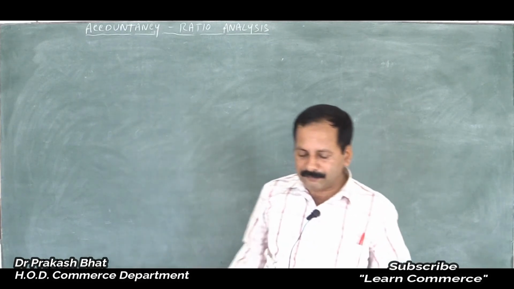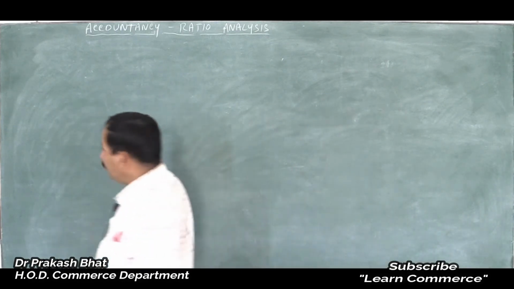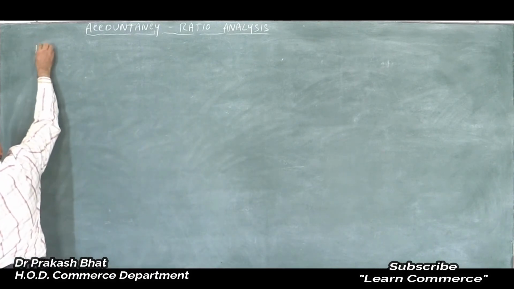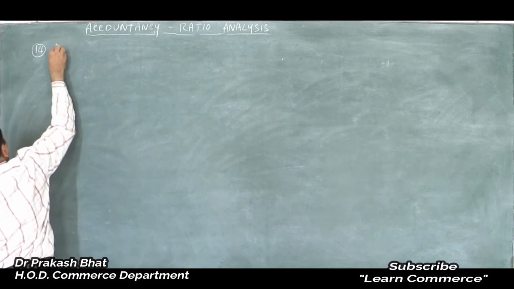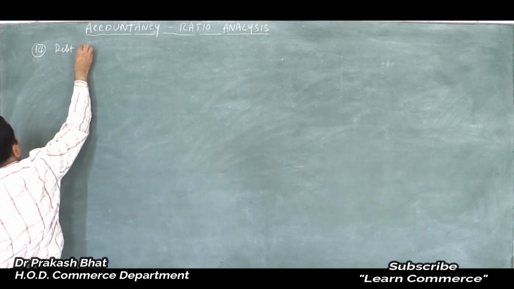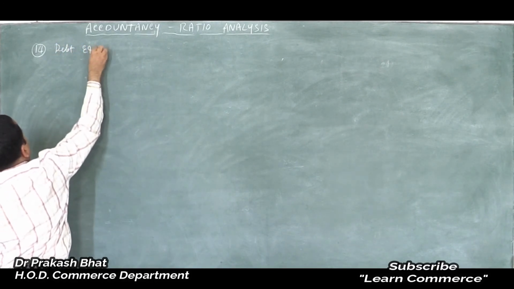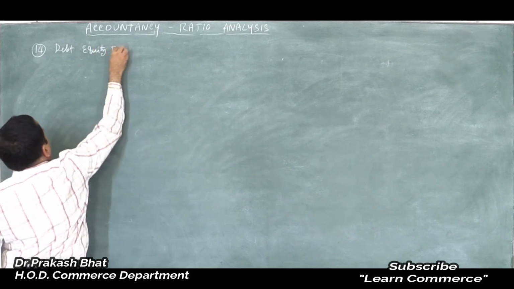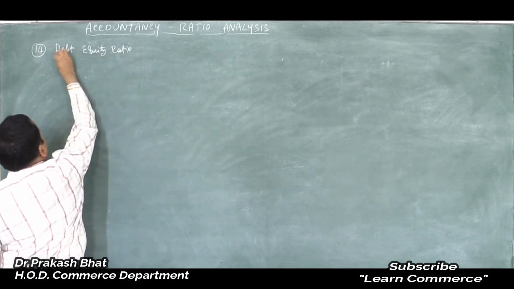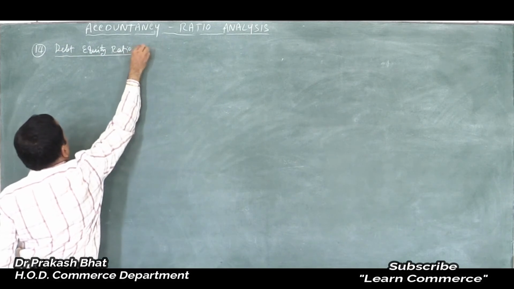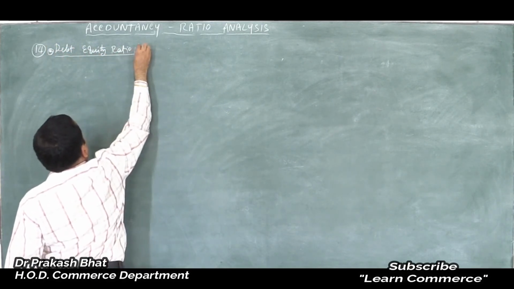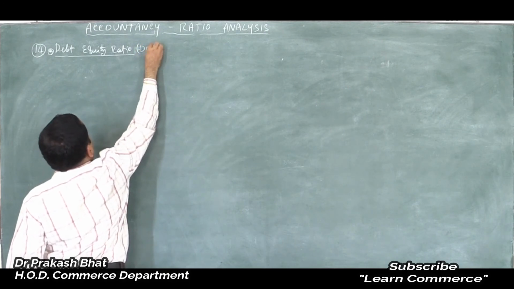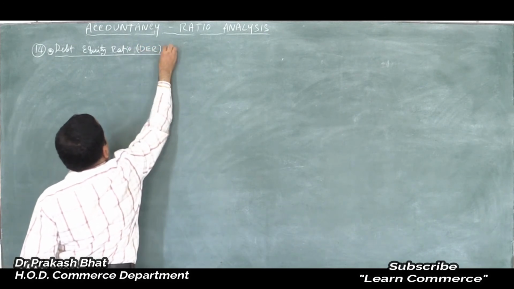Let us calculate first this problem number 14. That is debt equity ratio. Point A, within bracket debt equity, DER, isn't it?